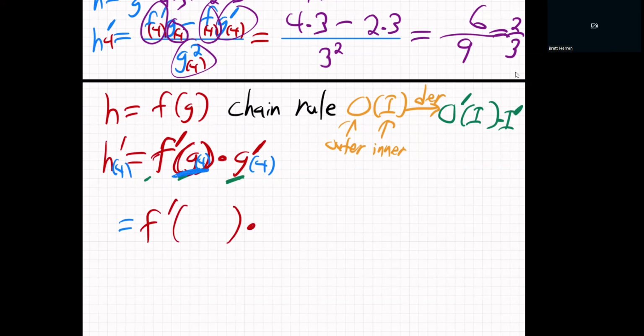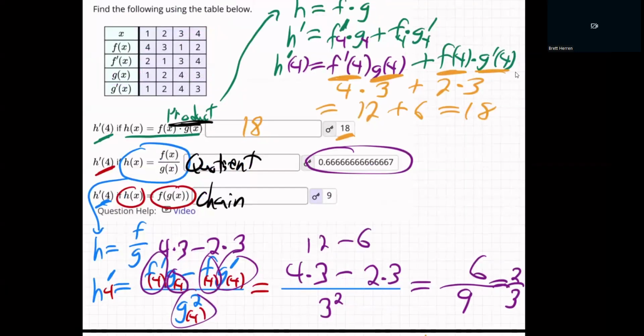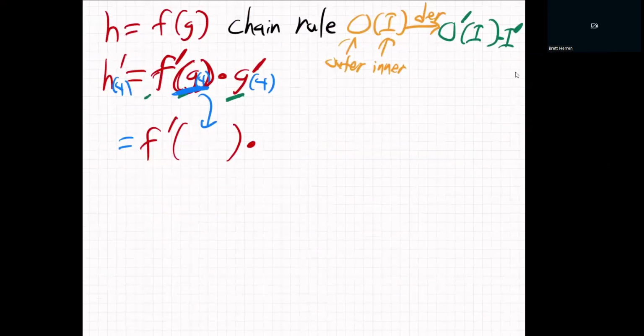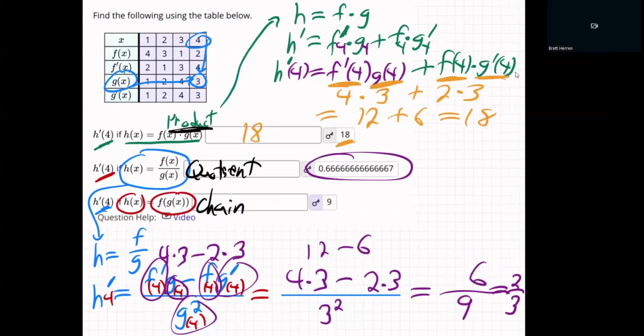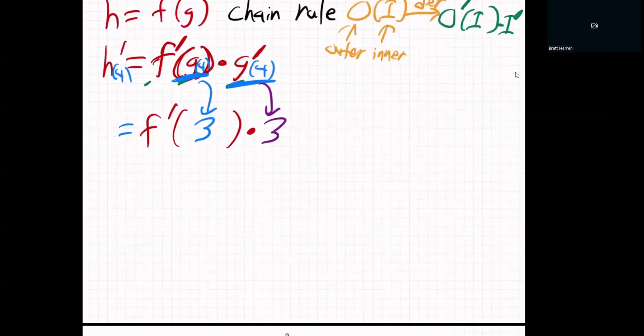Now, what's g of 4? Go back to this little chart. Here's g, here's 4. It's 3. So g of 4 becomes 3. And g prime of 4, what's that? Go back here. It's also 3, coincidentally. Okay, so now we're almost there. Now, what's f prime of 3?